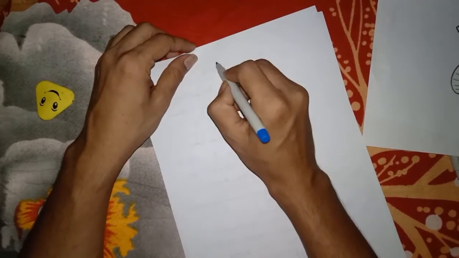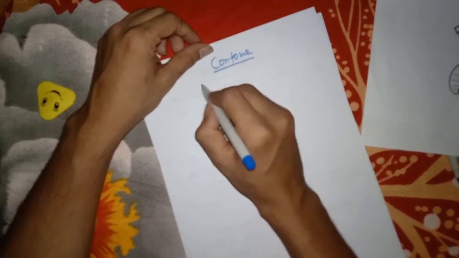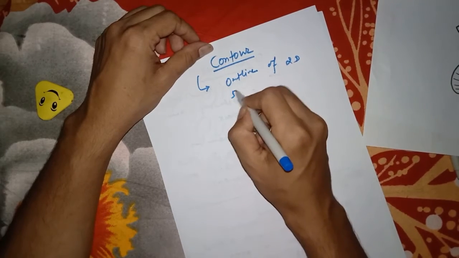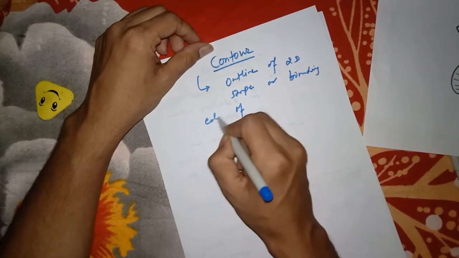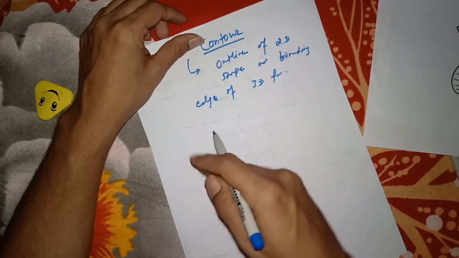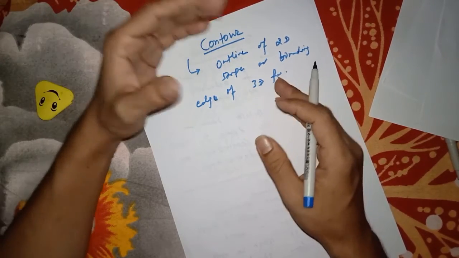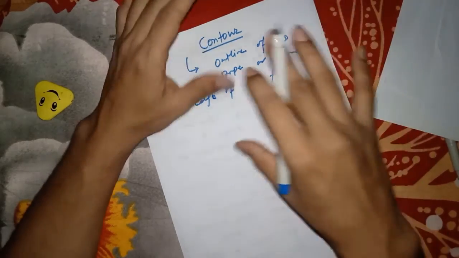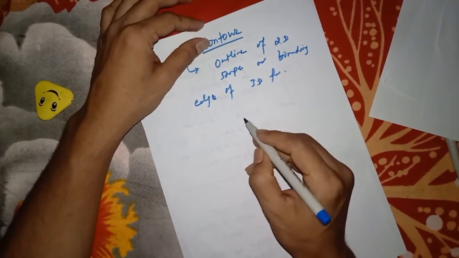Now the next term I am going to discuss is contour. What is contour? It is also an outline of a 2D figure or shape, or the bounding edges of a 3D form. Means it is the outline for a 2D shape, or the bounding edges, the lines by which the 3D form is bounded. So you have to draw that line only. That will be called contour.